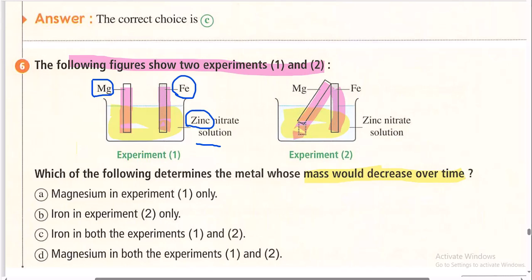So magnesium will dissolve here and here. Iron is less active than zinc, so iron cannot replace zinc in its salt solution.